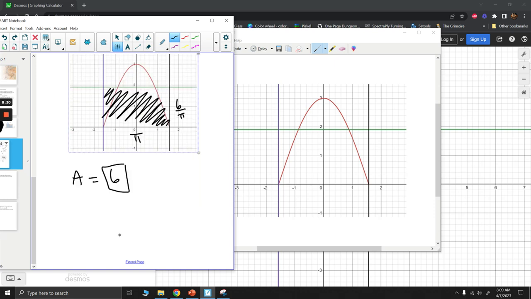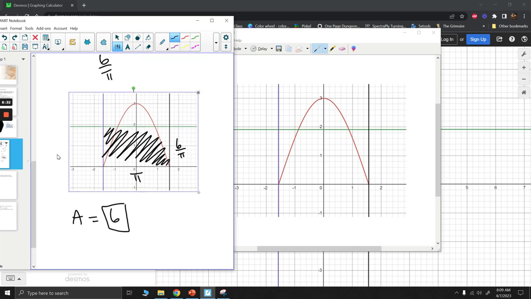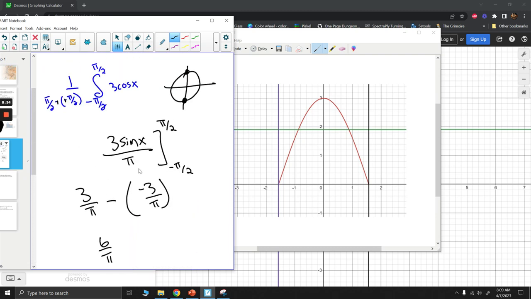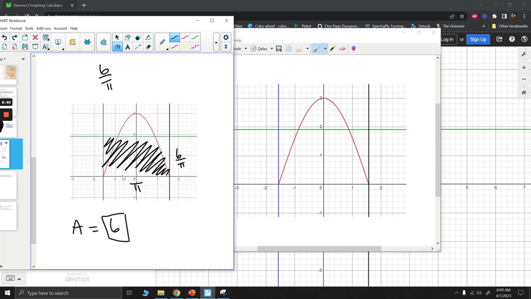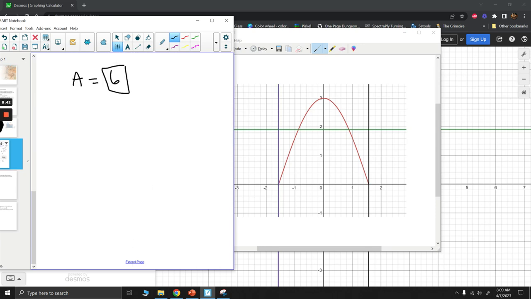All right, so let's now take a look at this thing here, just that. So what's the area of this region here, just under the curve? Well, again, this would be 3 sine x from pi halves to negative pi halves.